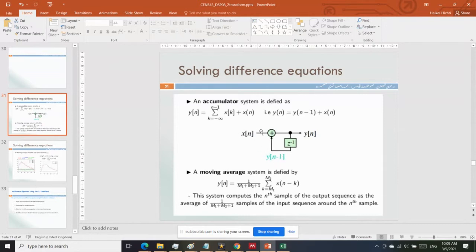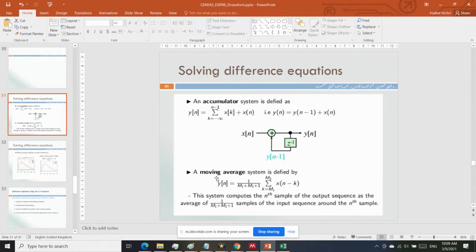So we keep adding. It's called an accumulator. The diagram looks like this, and then you can write it as a difference equation like this: yn is equal to the previous sum, yn minus 1, plus the new x. So as you can see, this is where difference equations come from, from real life examples.